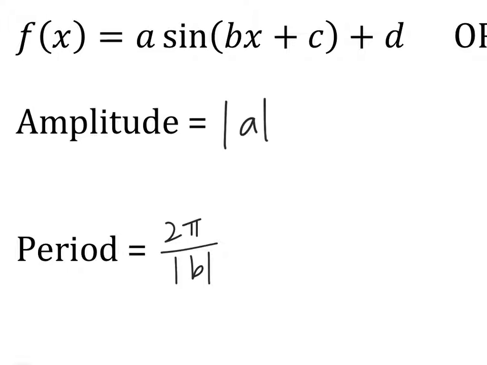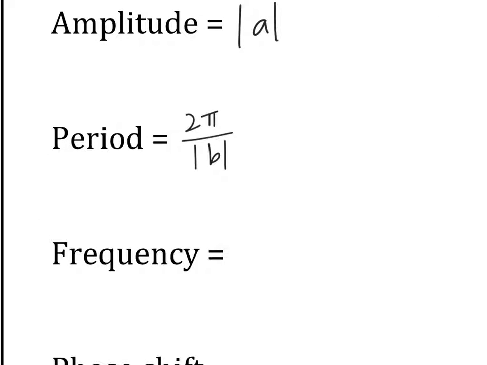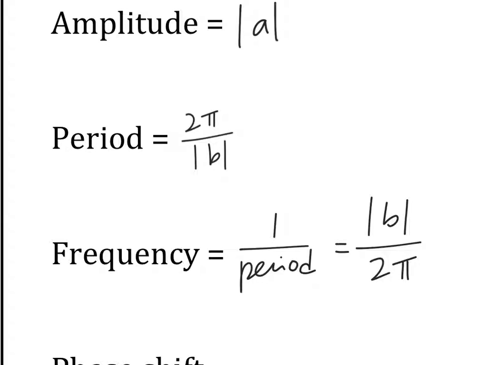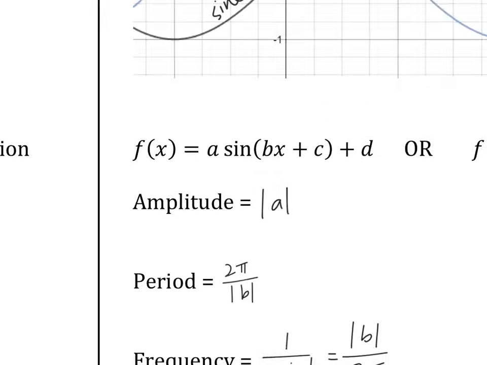Frequency, we didn't learn this last year. Frequency is 1 over period, so that is b over 2 pi. Next thing is phase shift.